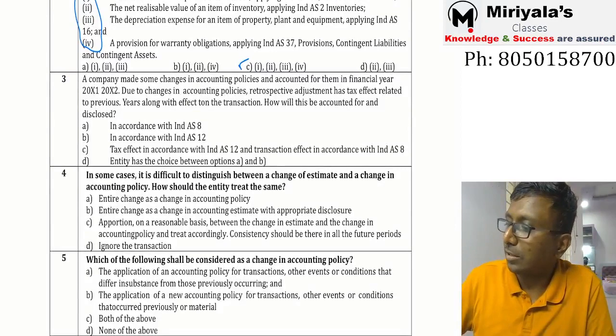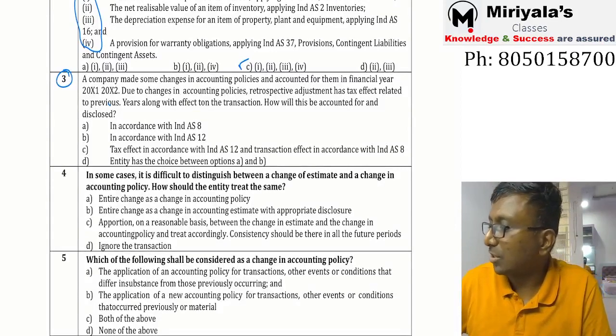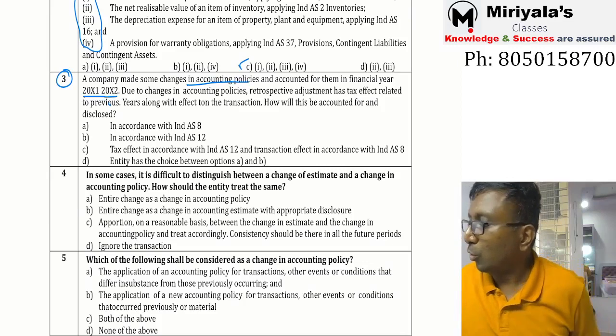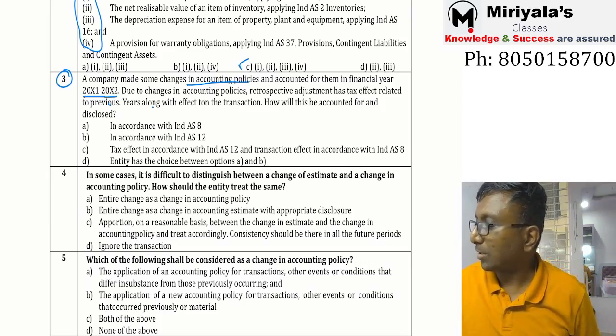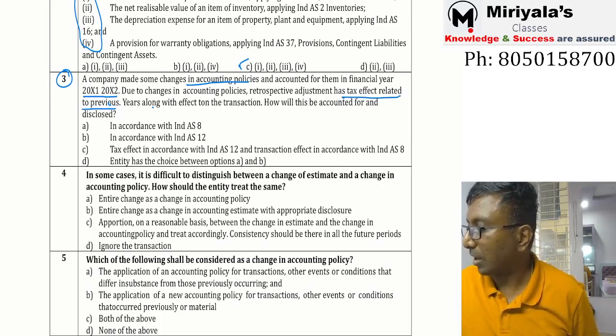Let's look at the third question. A company made some changes in the accounting policies and accounted for those in the financial year 21-22. Due to the change in accounting policy, the retrospective adjustment has a tax effect related to the previous years, along with the effect on the transaction. How will this be accounted for and disclosed?